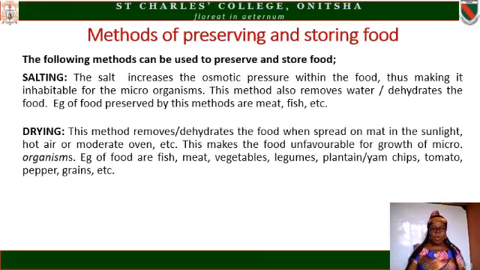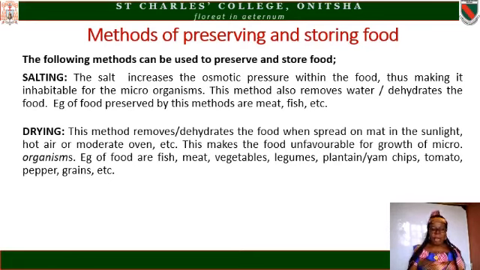Now, we look at some methods we will use in order to preserve our food and make them store longer. They include salting. In this salting, when you apply salt on the surface of the food you want to preserve, that salt will create an environment of higher osmotic pressure on that food, so that when these microorganisms come there, it will kill the microorganisms by dehydration, so they will not spoil the food.